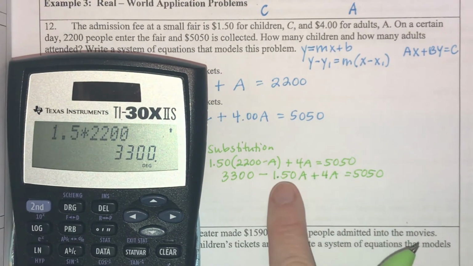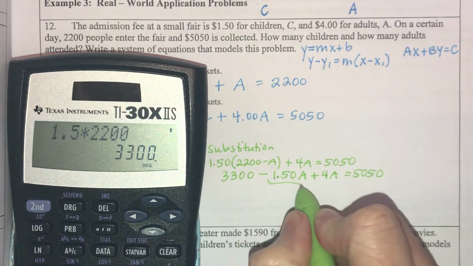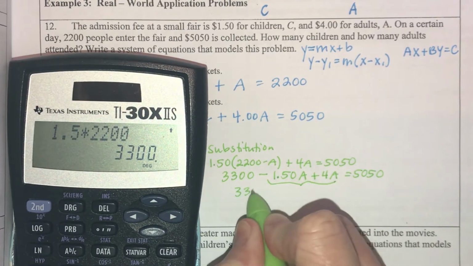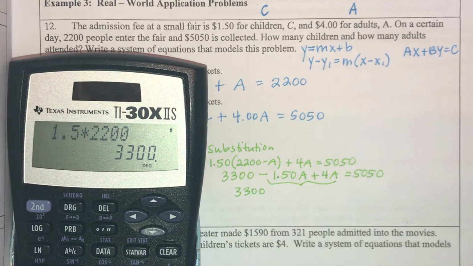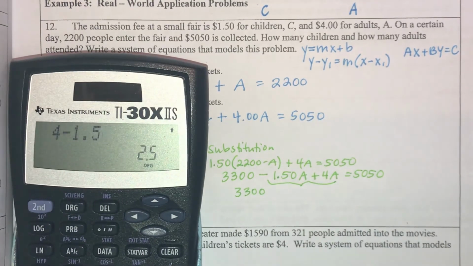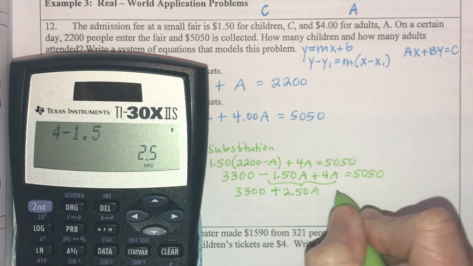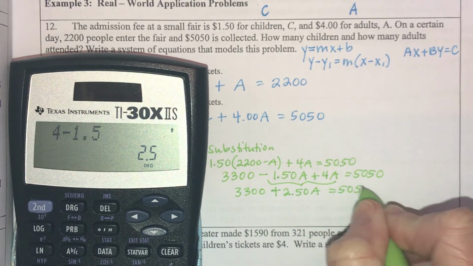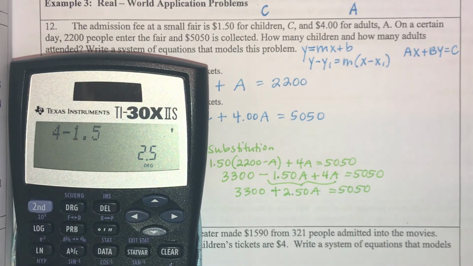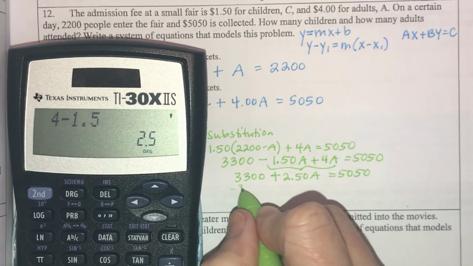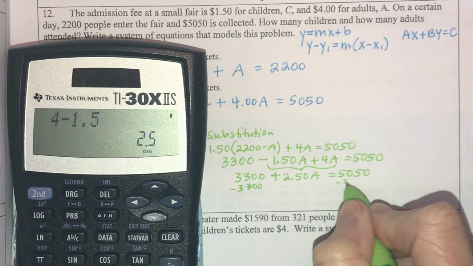Now what I'm going to do is combine these two A terms here. So 3,300. Now 4 minus $1.50 would be $2.50 for A, and that will equal 5,050. Now what I'm going to do to solve for A is subtract my 3,300 on the other side.